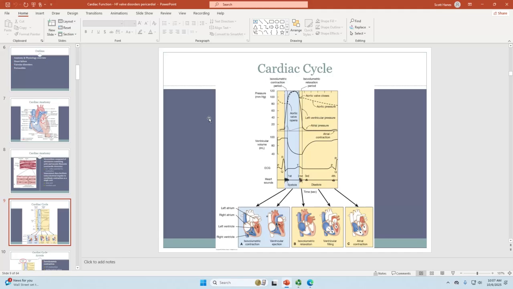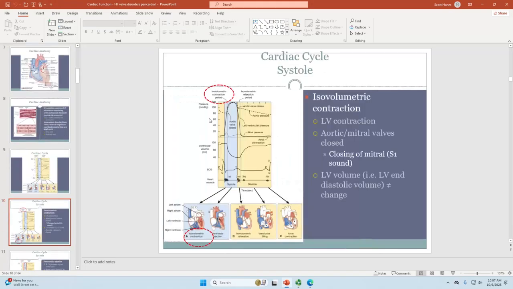We'll start with isovolumetric contraction. So we're in this first small sliver of blue here. We're beginning with systole. It's just the easiest place to start. Iso means same, and volume means the blood volume of the ventricle, so it's not changing.